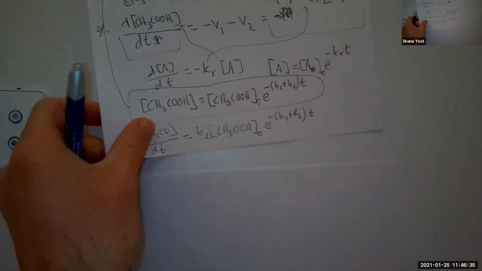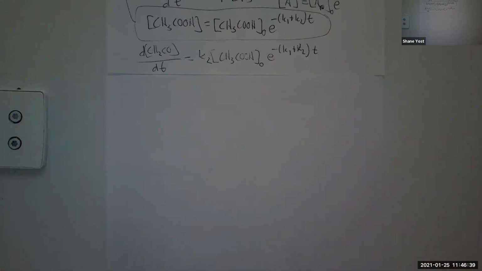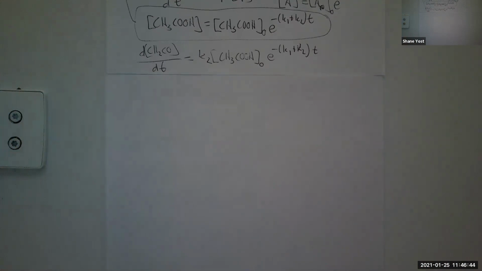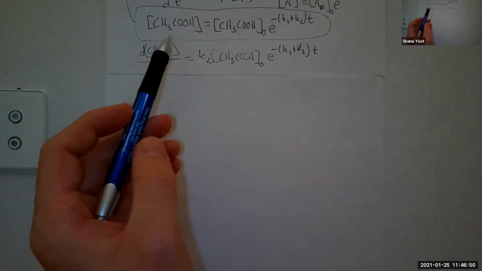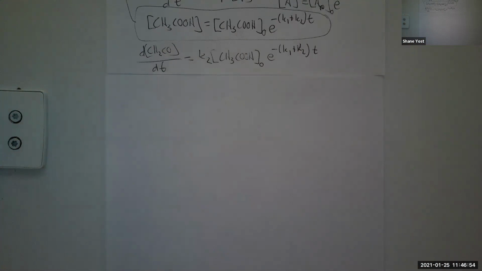So again, I have this equation for the change of concentration of CH2CO as a function of time, by plugging in for the concentration of CH3COOH in terms of time.